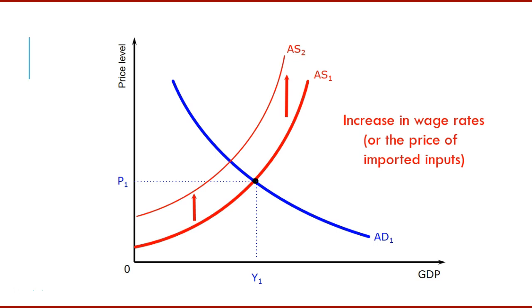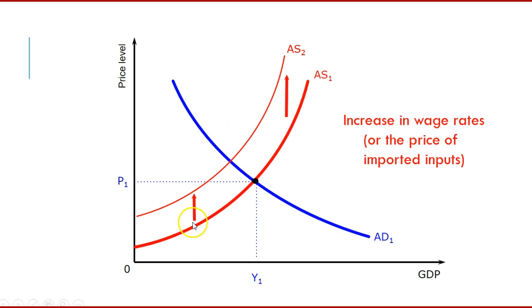In a few textbooks and on some videos on YouTube, not by me, they say that the aggregate supply curve shifts to the left. As far as just drawing the graph itself, it doesn't really make any difference. Shifting to the left or shifting up is drawing the curve in the same place. But the explanation is different.